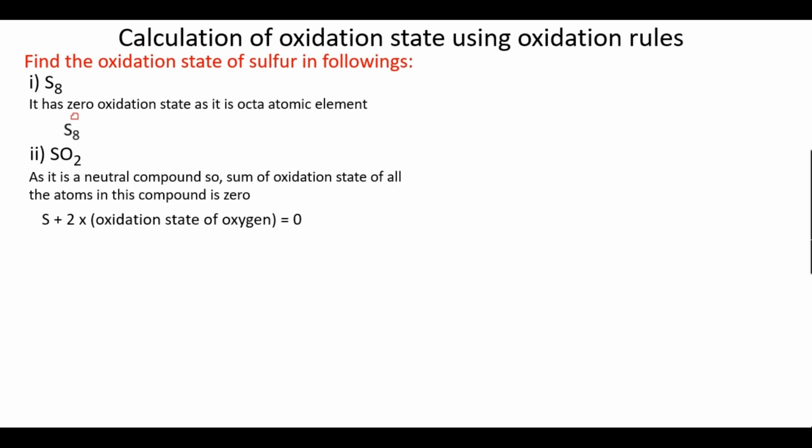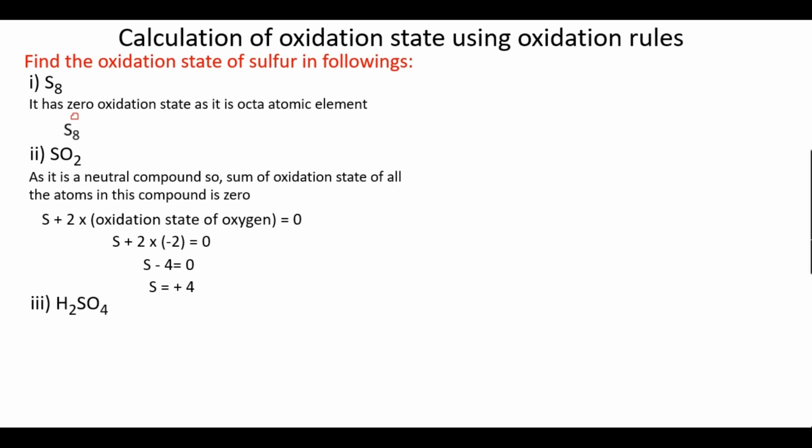We are going to find the oxidation state of sulfur, so we put sulfur as S plus 2 times the oxidation state of oxygen. And from the previous rules, the oxidation state of oxygen is always minus 2 unless it is in the form of hydrogen peroxide. So when we put all these values, we can easily calculate that the oxidation state of sulfur is plus 4.